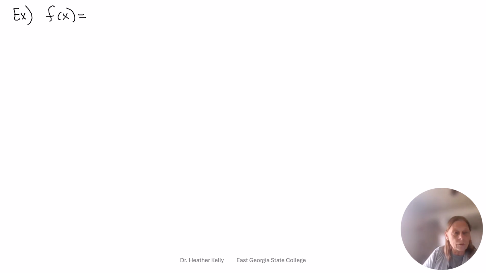F of x is equal to 2x to the 4th plus x squared minus 1. Now, I told you back earlier in this lecture that you don't always have to factor using this method, and you want to always look to see if you can factor something quicker, something that you're more familiar with, something that's not quite as tedious and prone to error.